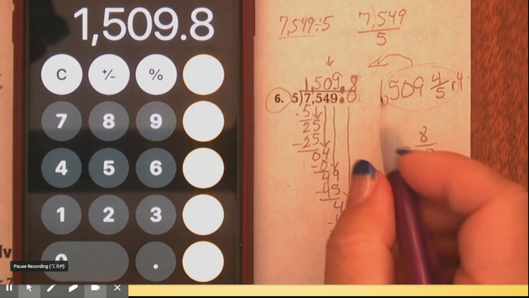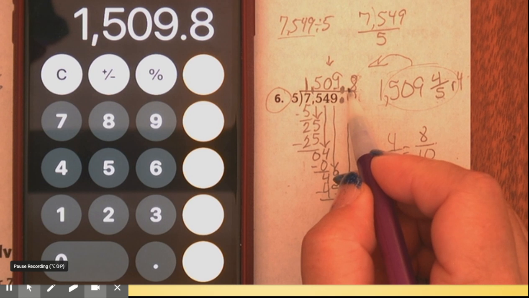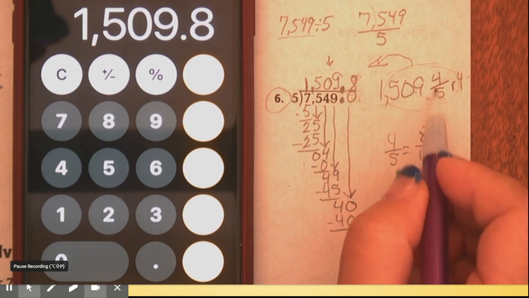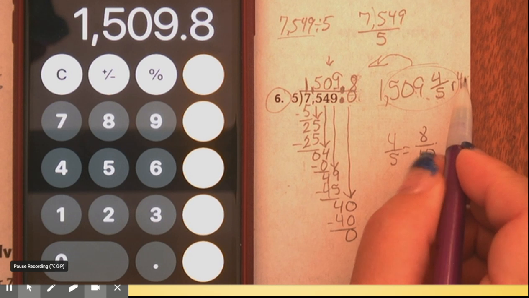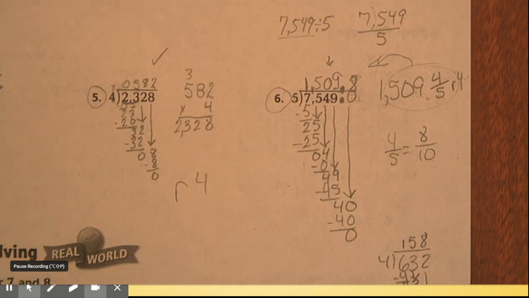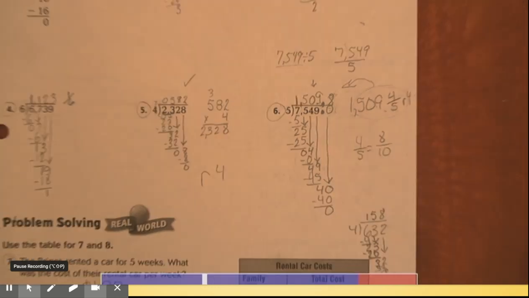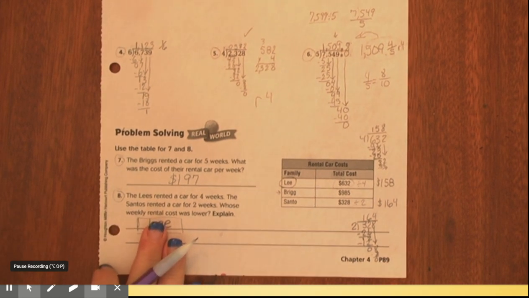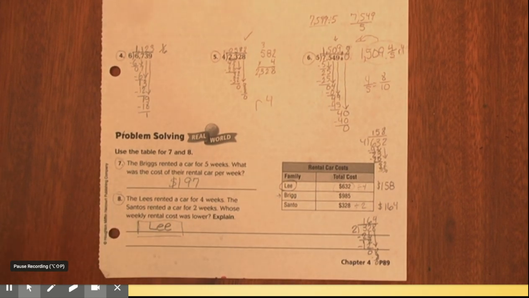So for those of you who gave me this answer, I needed you to give me this answer because this is the way I taught you to do it with a fraction or a remainder. But this is the way you're going. And then that was it for your questions because I had already given you the answers to the other questions, and the secret word was Lee yesterday.